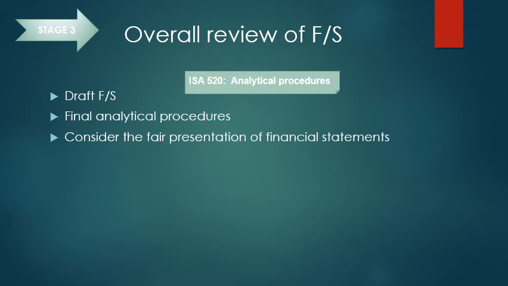So here you'll use your draft financial statements as a basis to perform these analytical procedures. And these we call your final analytical procedures. It's basically a comparison of your year-to-year figures, and here you need to consider: has the information been presented in your financial statements? Is that information being fairly presented?